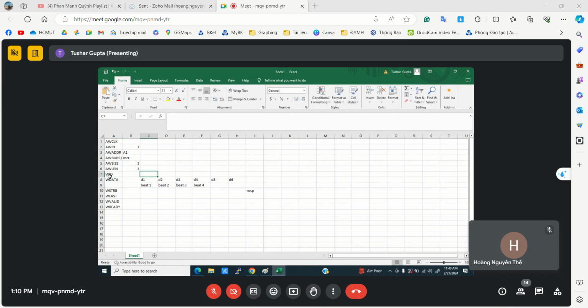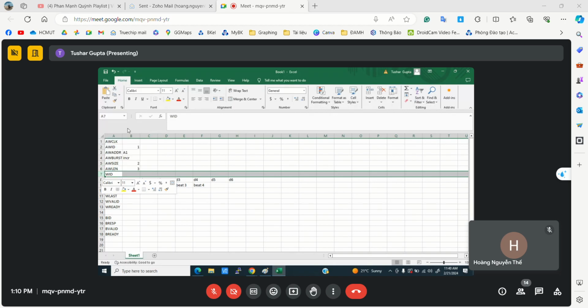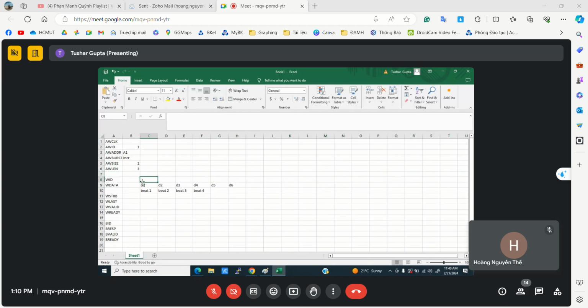Now the question is, when all the channels are independent, how are they interconnected?